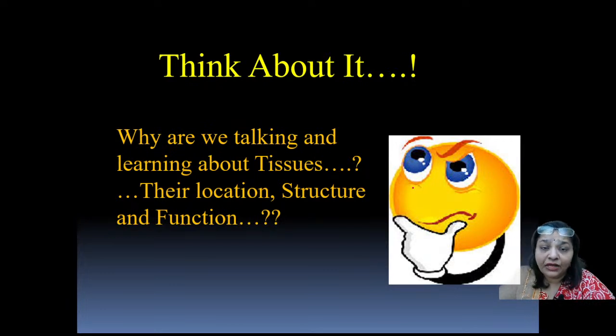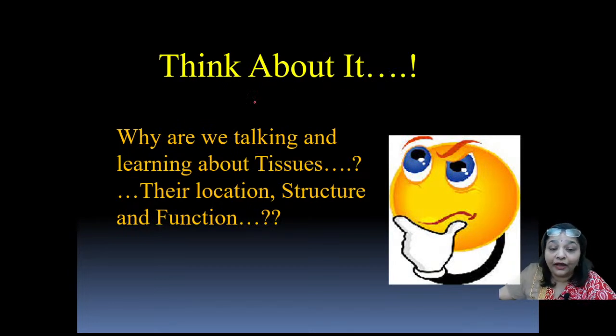Because we know that tissues and cells we learn under a different field of science called cell biology or cytology, right? Cytos means cell and logos means study or discourse. But why are we talking about the cells and the tissues and their structure and their function in this particular chapter? Of course, there must be some relation, isn't it?